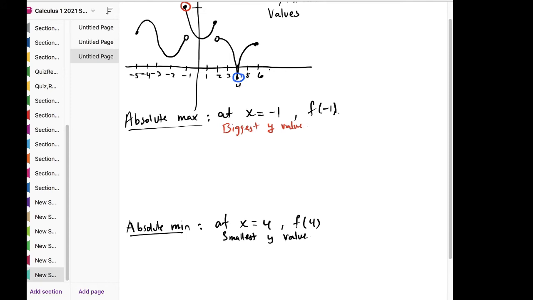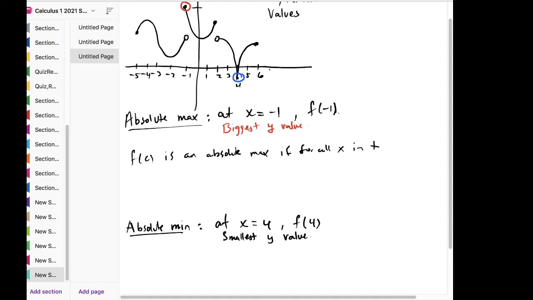But we'll say that f of c is an absolute max if for all x in the domain of f, f of x is always going to be less than or equal to f of c. This is how we're defining absolute max.